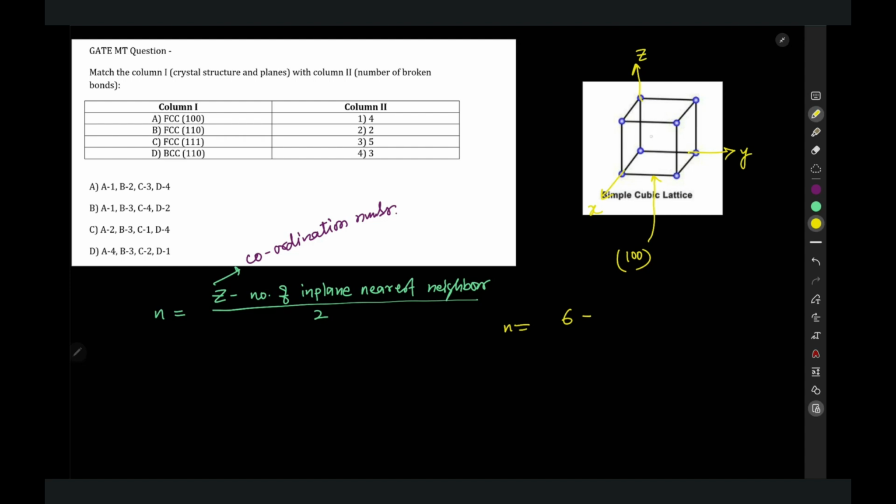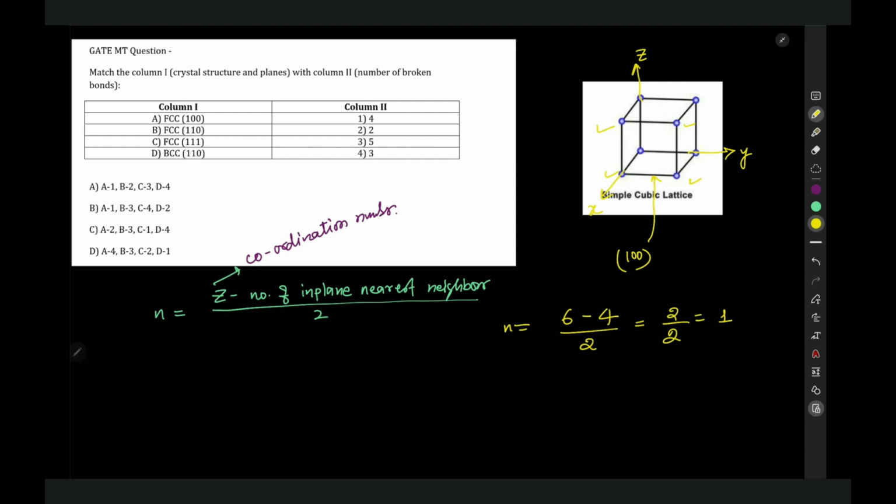In the diagram, we can see there are 4 in-plane nearest neighbors, so it will be 4 divided by 2. So the number of broken bonds will be 1.